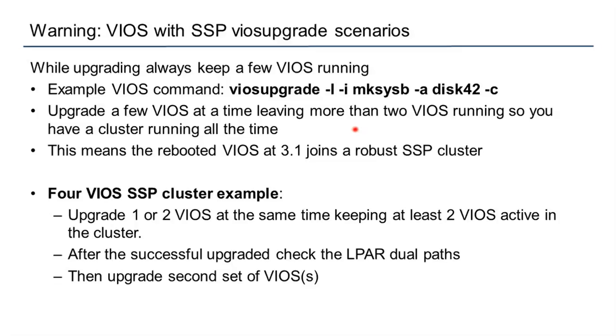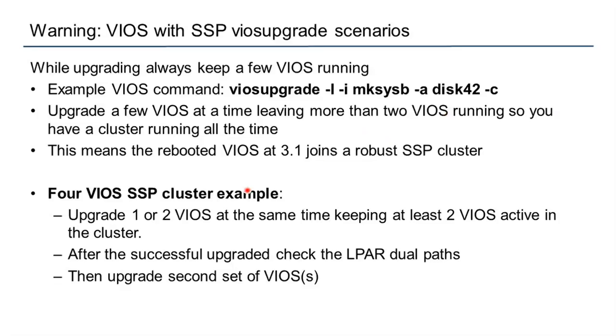In here, this is reminding us that if you've got a VIOS pool, you should have some of the pool running at all times, and I recommend having at least 2 VIOS servers, so that when it comes up and it wants to join a running pool, rather than it being the first one to come up, there's no other ones out there.